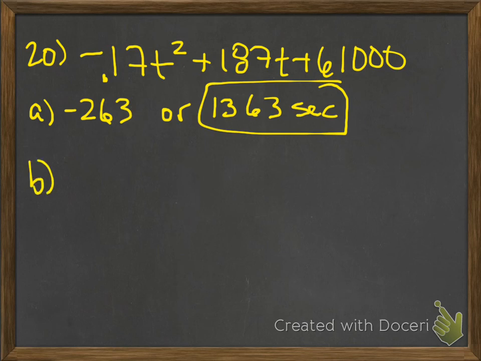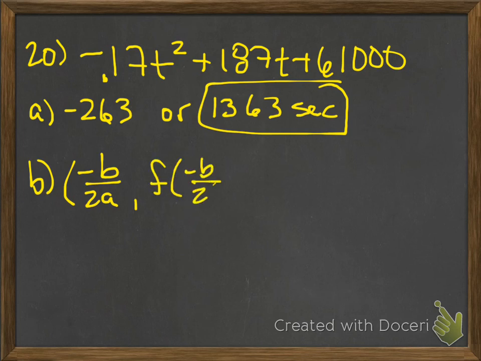Okay, on the B, the second question, what was the highest altitude to the nearest thousands of meters? That's where you could graph it, or you could do negative b over 2a, comma, a function of negative b over 2a. What that means is you'll say like negative 187 over 2 times negative 0.17.